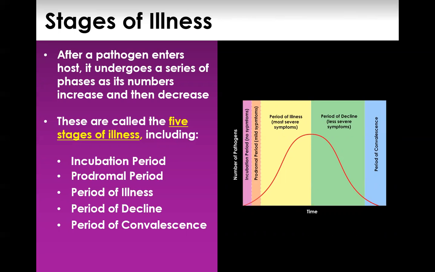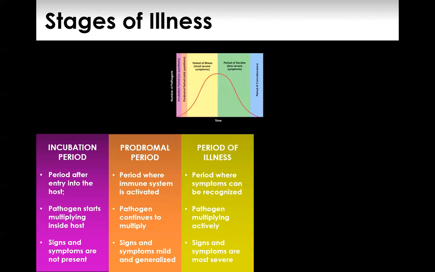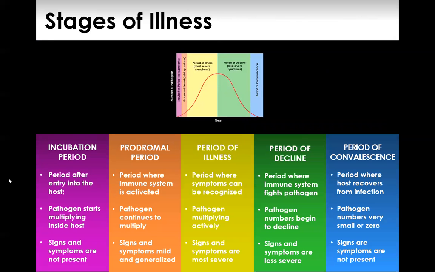That's important for us to understand. So the five stages are: the incubation period, the prodromal period, the period of illness, the period of decline, and the period of convalescence. Let's take a look at the next slide, because it's going to tell us what's going on in each of these phases, and let's think about some of the things that we can do as a nurse if we have a patient in these phases.